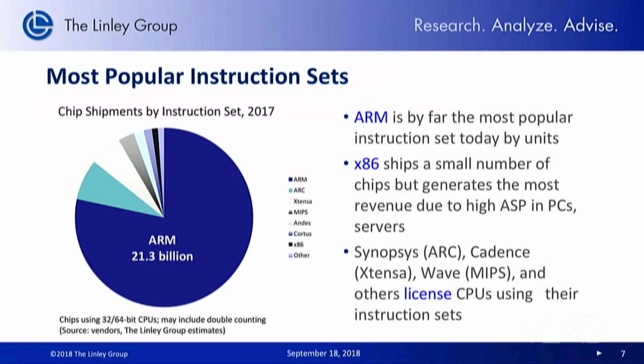And then x86, as I said, is not licensed, and the volume is pretty low, if you can even see it on the graph here. But because of the high dollar value, x86 actually generates the most revenue, which is why people hear about it.